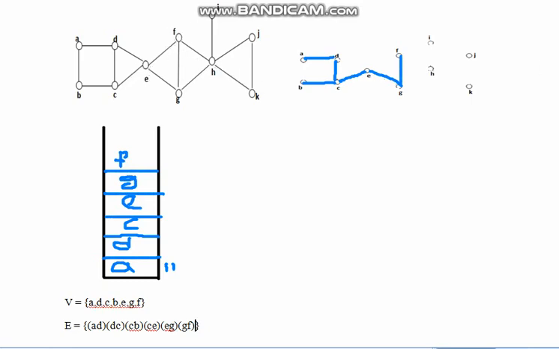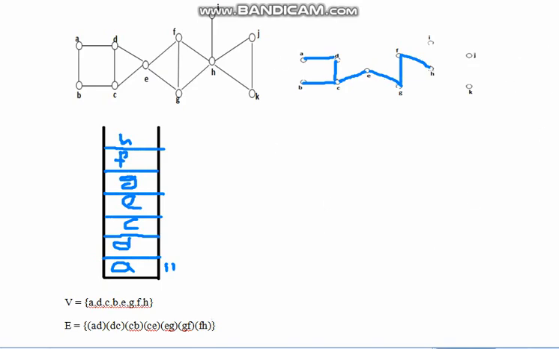I choose F to H, visit vertex H, push it onto the stack, so the top of the stack is H. I add H to the visited vertex set, and the edge is F to H.